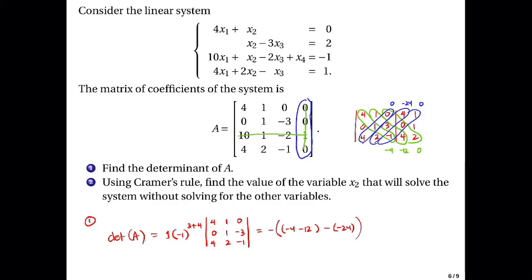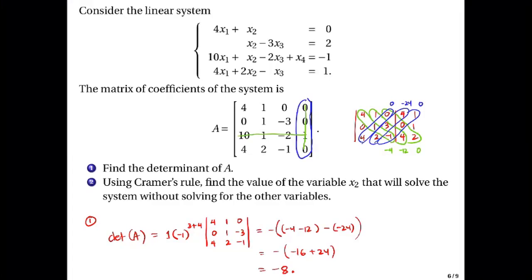This is equal to negative of negative 16 plus 24, which is negative 8. So the determinant of A is equal to negative 8. Questions?